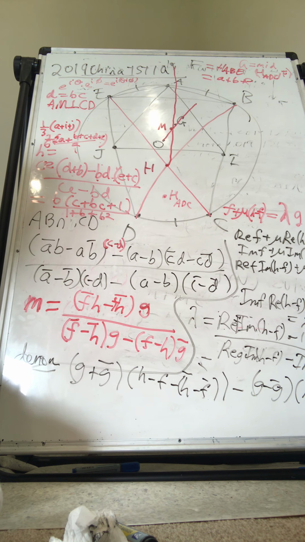So this is what you get if you put, replacing everything with B. Do you want to go through it? It's about 6 lines. It's like minus BC.